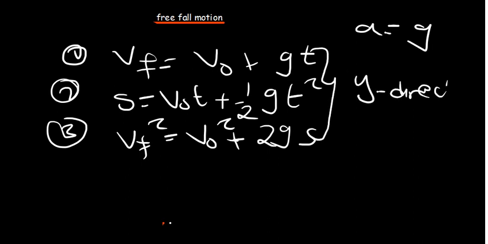Okay. Now, how can we use these equations to calculate anything? Under free fall motion, what we need to understand, guys, is this. We said we can calculate the time.